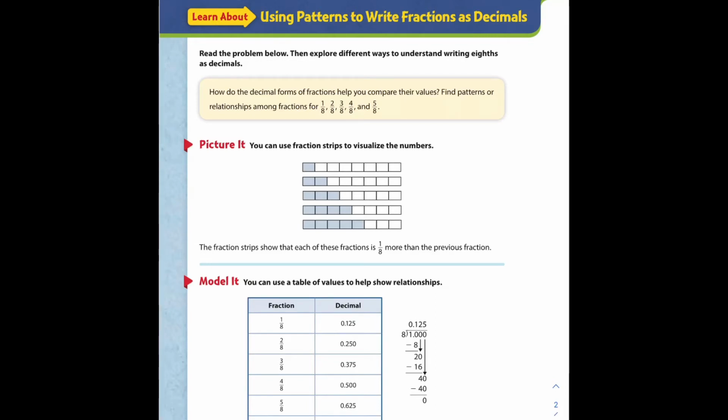In the picture, you can see that each fraction strip is divided into 8 pieces. Depending on the fraction, that determines how many pieces are shaded. So for the first fraction, 1/8, there's 1 piece shaded. 2/8, there's 2 pieces, and so on. So you can see, as the numerator gets bigger, your fraction bar has more pieces shaded.